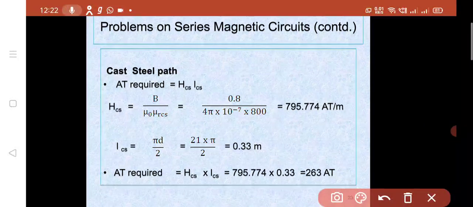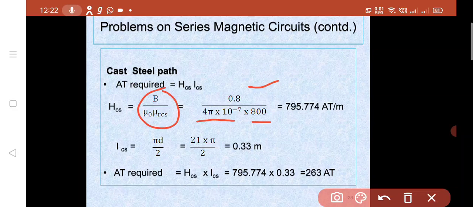Next, the cast steel path. Ampere turns required is HCS into LCS. HCS is B by mu naught mu R CS, where B is 0.8, 4 pi into 10 to the power of minus 7 is the mu naught value, and mu R CS value is 800.